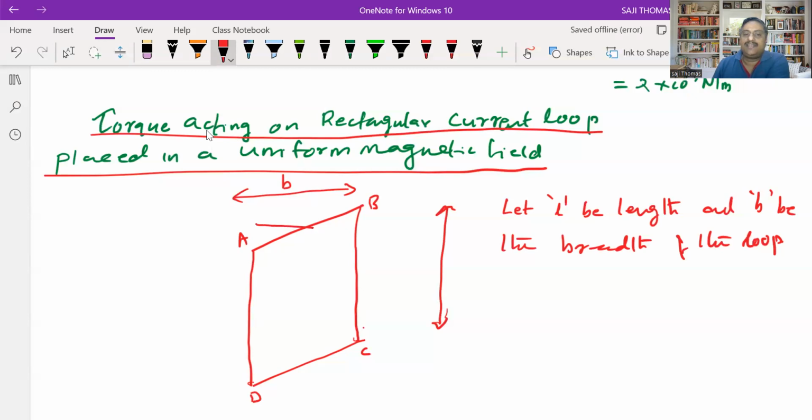So this is the magnetic field direction, capital B. Let me rename the loop as PQRS because we are using B for magnetic field.